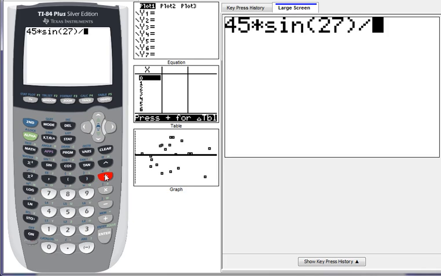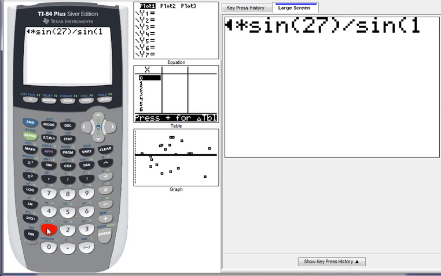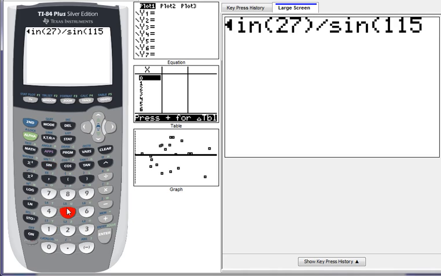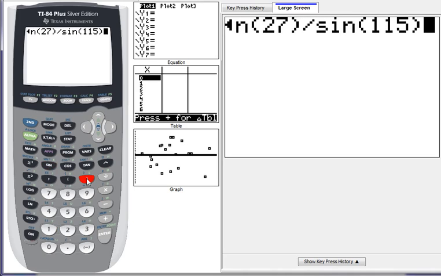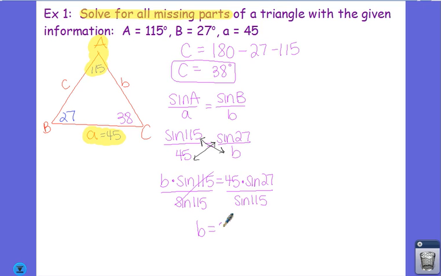Now you can divide by the sine of 115. Close parenthesis. Hit enter, and we're going to round to one decimal, so 22.5. And I'm going to come over to b, and I'm going to write 22.5 on my picture.